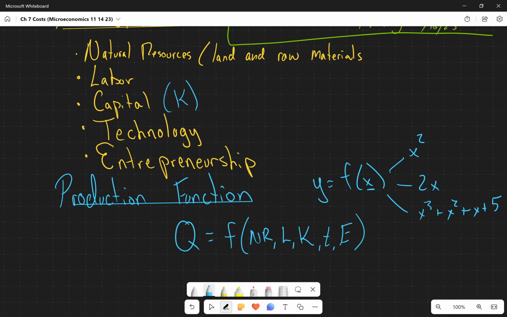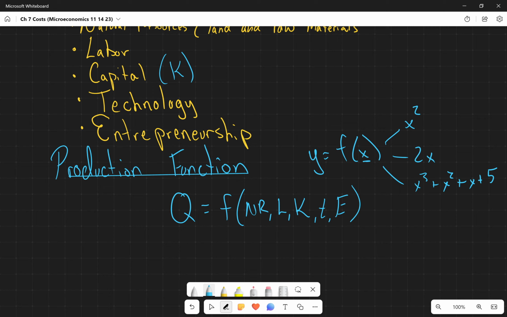In terms of what's the actual functional form for this, your guess is as good as mine. That's something economists have been trying to figure out forever. So there's all sorts of different competing beliefs in terms of which one of these factors is the most important. We can figure out some stuff if we simplify this to just being labor and capital.